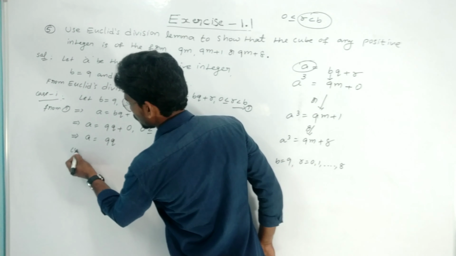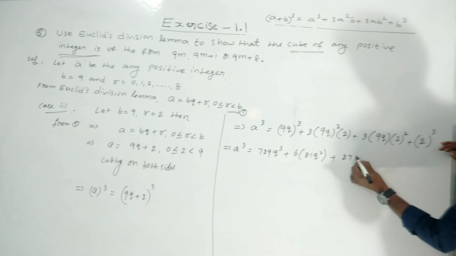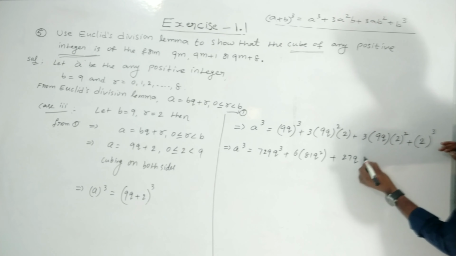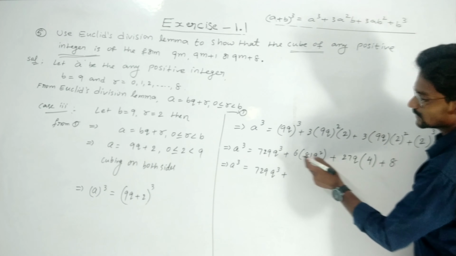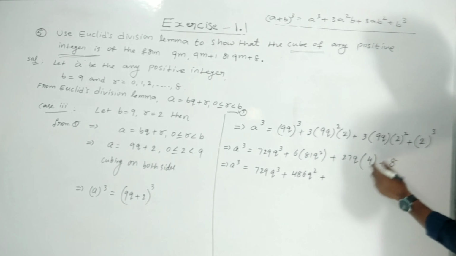That implies a cube is equal to 9 cube means 729 q cube, plus 3 twos are 6, 9 square means 81 q square, plus 3 nines are 27 into q into 2 square means 4, plus 2 cube means 8. Now a cube is equal to 729 q cube plus 486 q square plus 108 q plus 8.